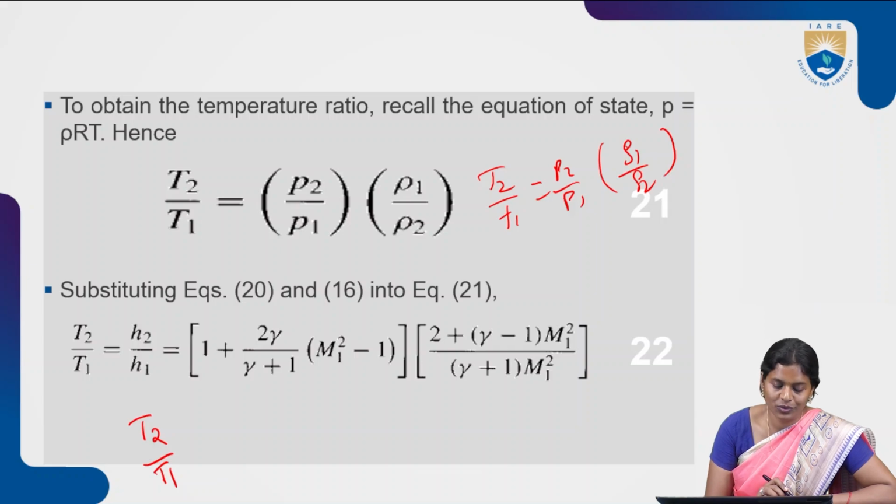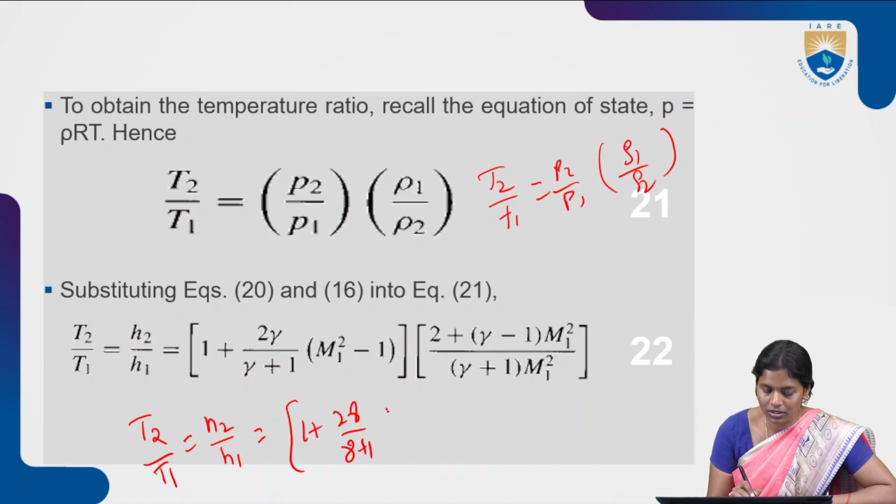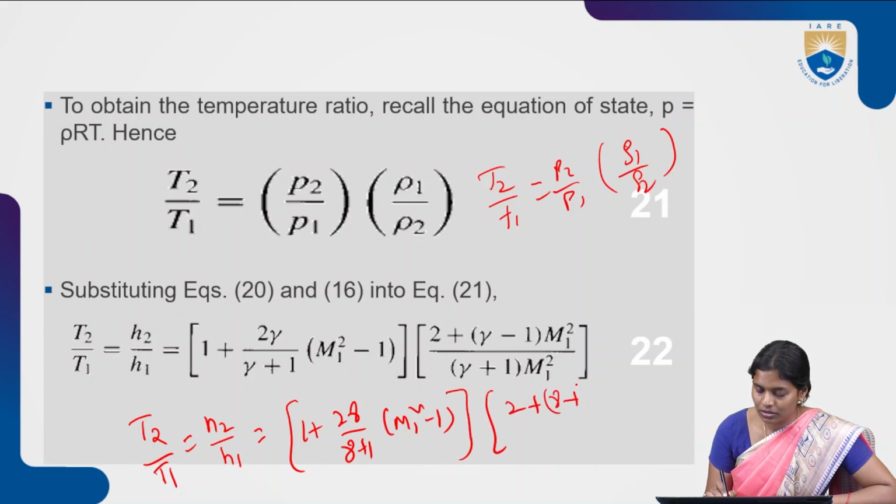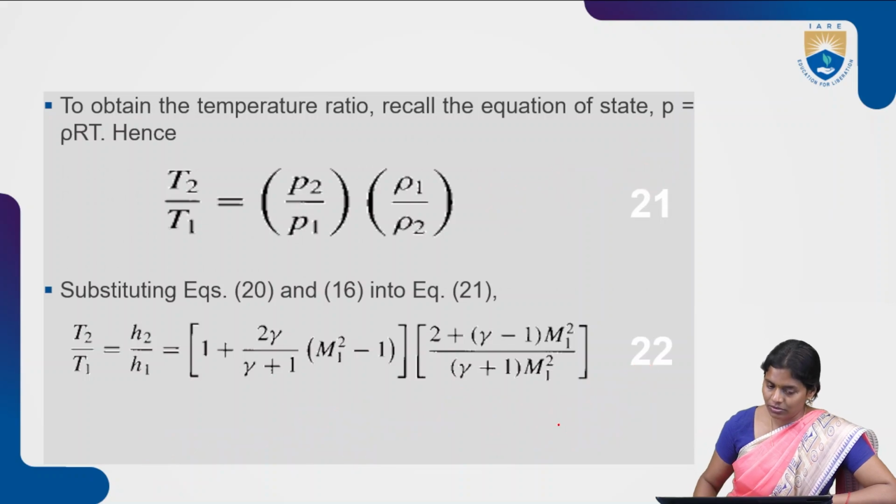So if Cp is cancelled out, we will be having H2 by H1 equal to T2 by T1. So that particular expression we will be writing as 1 plus 2 gamma by gamma plus 1 into M1 square minus 1, which we have got. Then the rho 2 by rho 1 expression is like this. So this is what we will be getting.